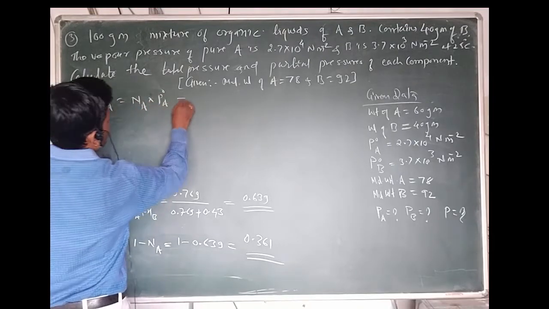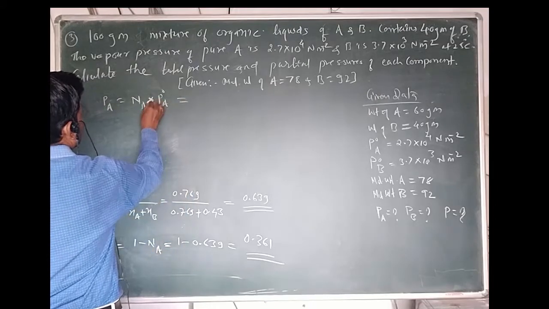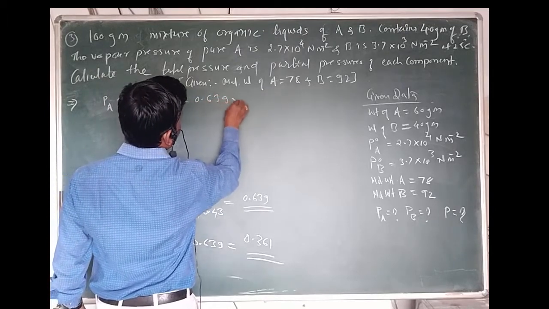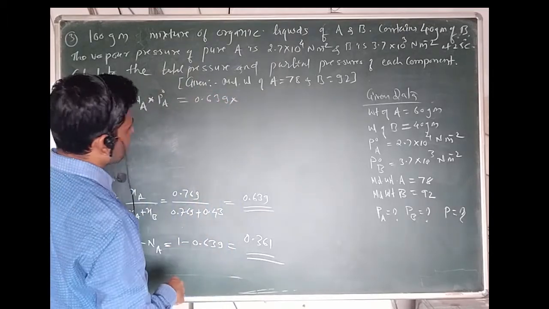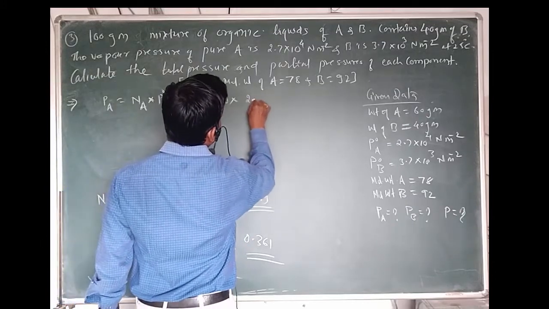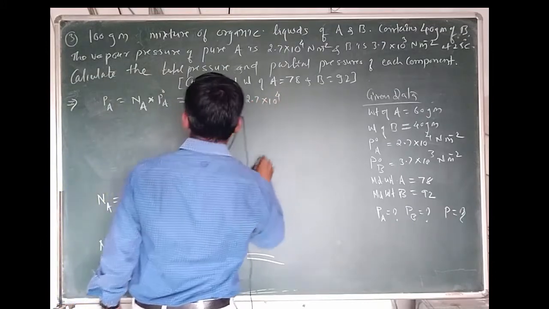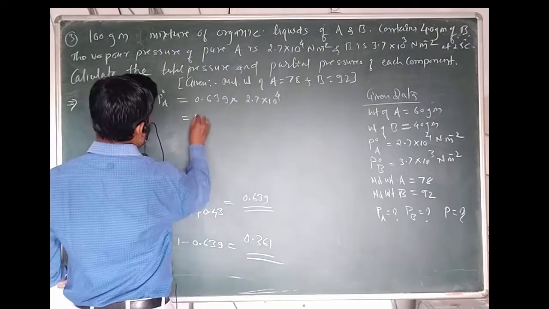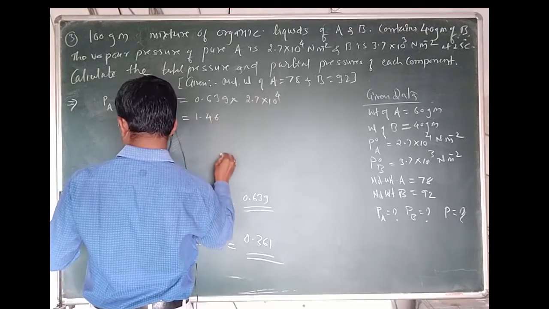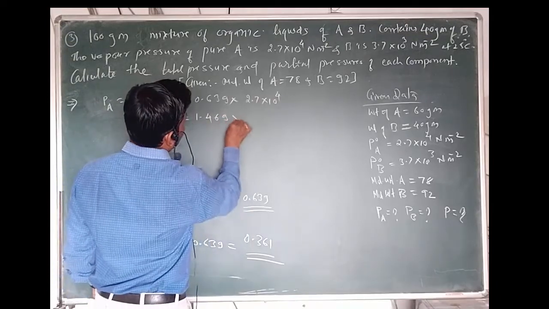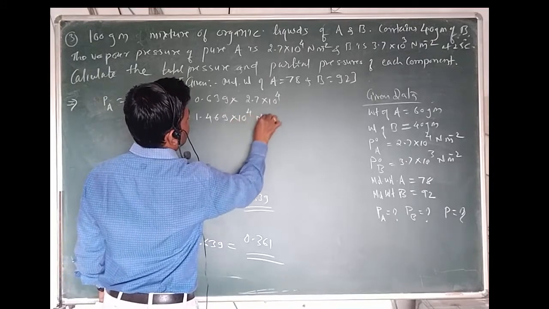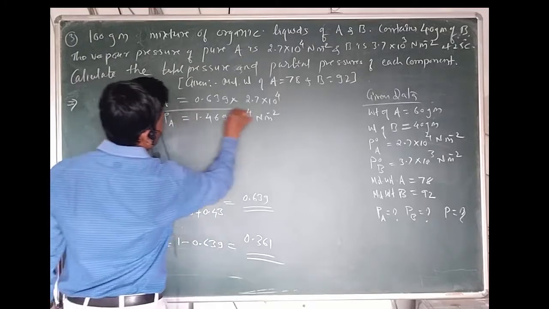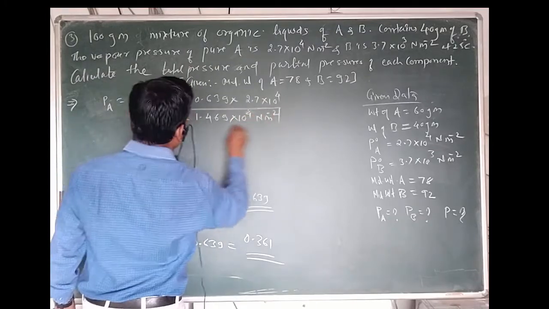We already have NA, the mole fraction of A, 0.639, into the pure vapor pressure of A, 2.7 into 10 raised to 4. So the value is 1.469 into 10 raised to 4 Newton per meter square. This is nothing but PA.